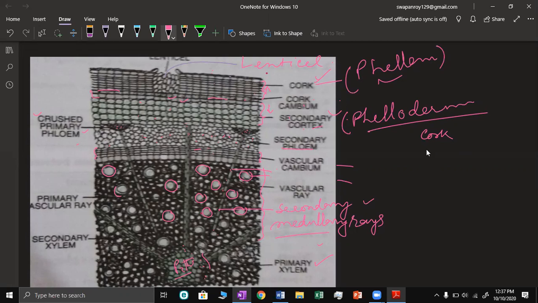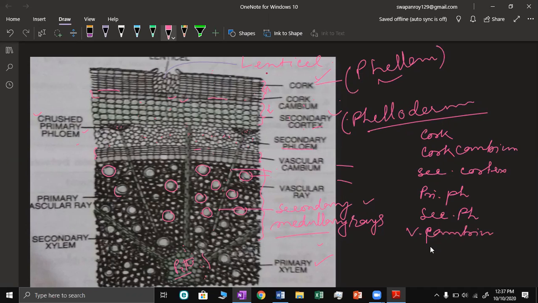So the sequence from outside to inside is cork, cork cambium, then secondary cortex, then primary phloem, then secondary phloem, then the vascular cambium.